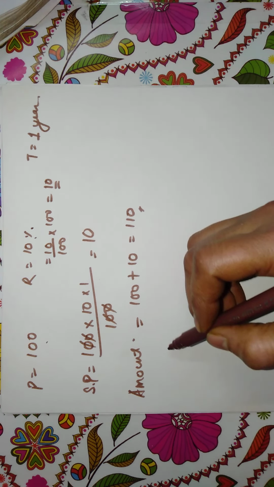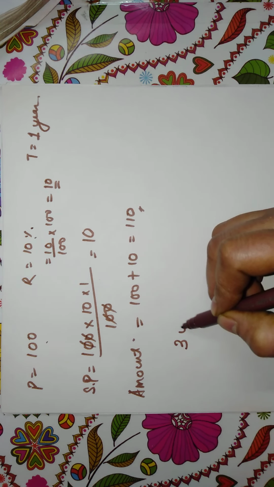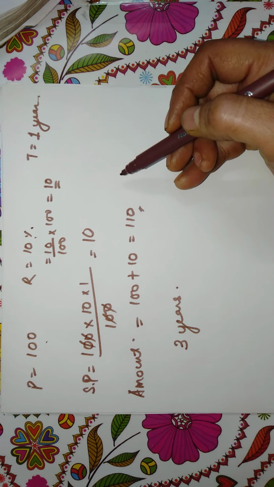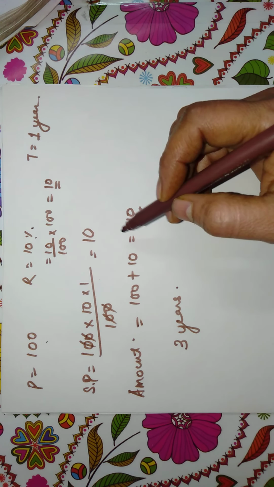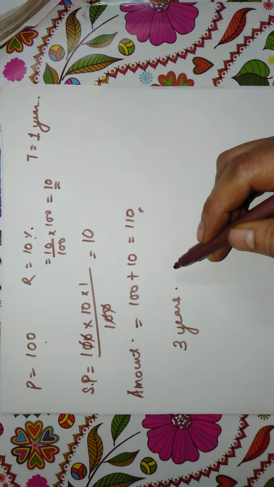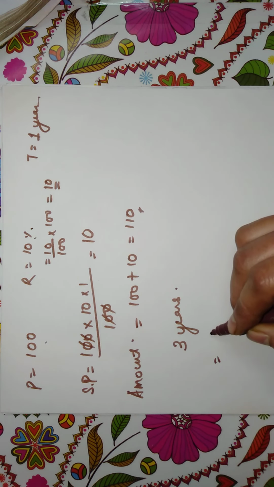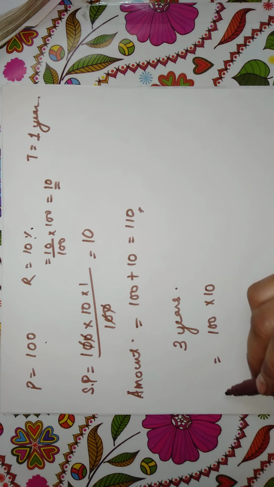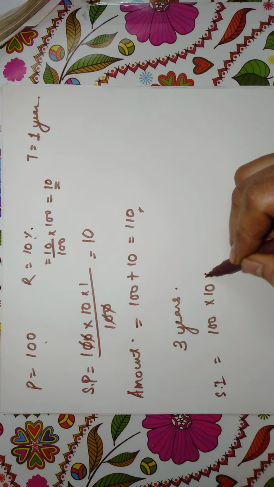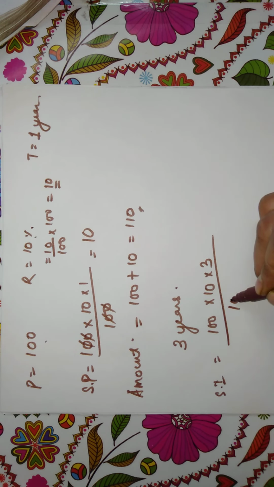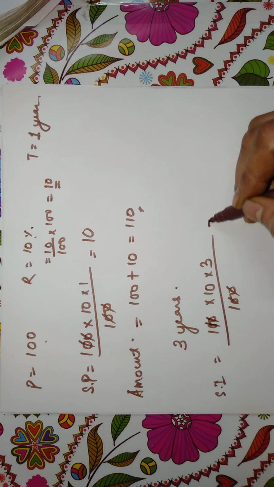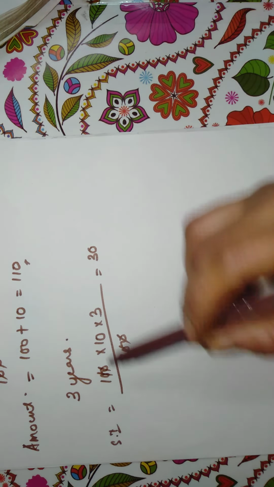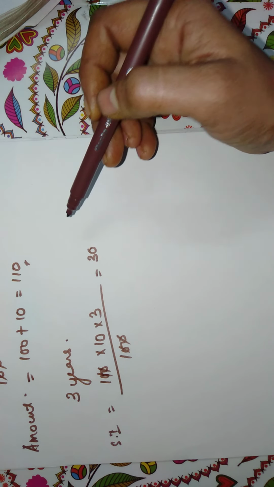If suppose this is deposited for 3 years, then for the first year this is the interest, the second year the same, and the third year the same we will get. So for 100 at the rate of interest 10% and the time 3 years, the interest for 3 years is 30 rupees, 10 rupees per year.